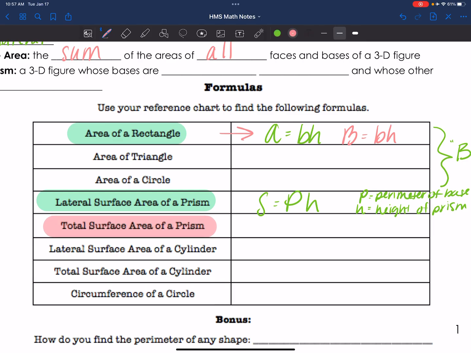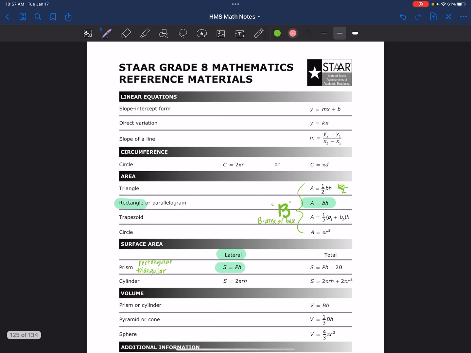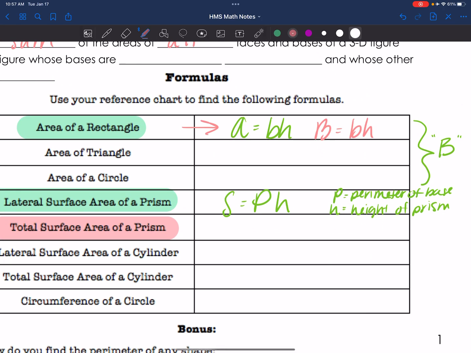So on our reference chart, I'm going to prism, then I'm sliding over to the word total, and I'm finding surface area of a prism. So capital PH plus 2 capital B. PH plus 2B.